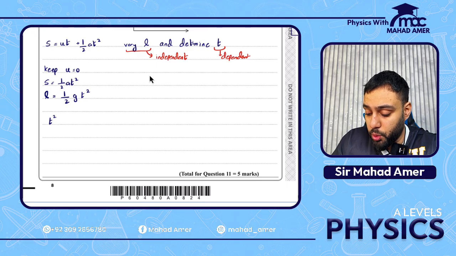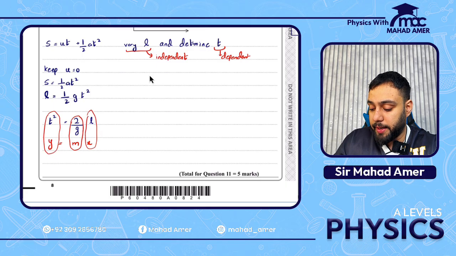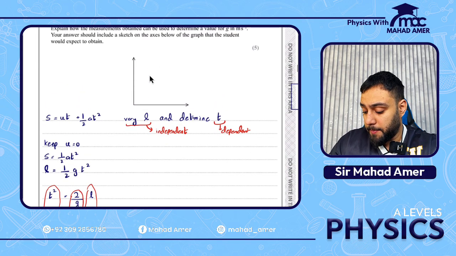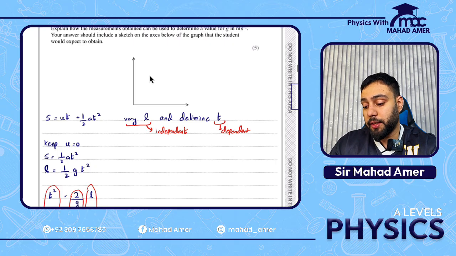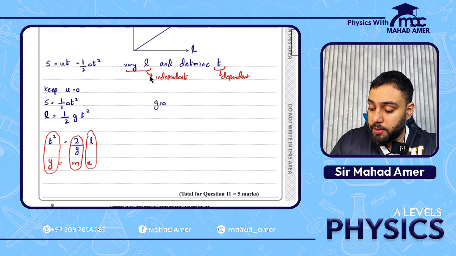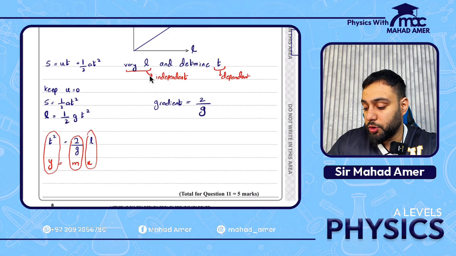That will be 2 over g and then L. So y = mx. Gradient will be 2 over g, y will be t square, L will be x. So first of all, you'll be writing t square on the y-axis, and L will be written on the x-axis. And the graph is going to be a straight line passing through the origin. And then you can say that gradient will be equal to 2 over g. So g will be equal to 2 divided by the gradient.